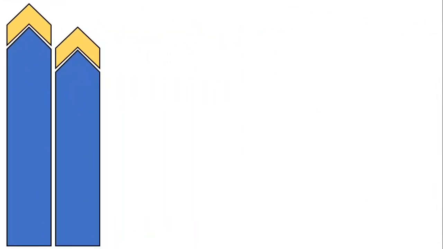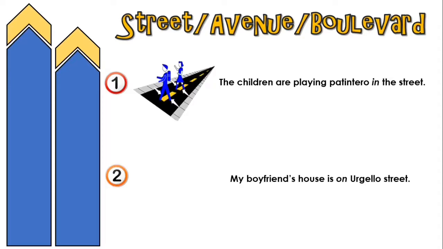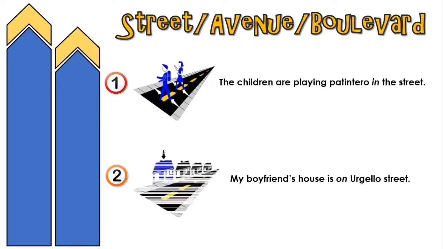We can also use the preposition in and on for street, avenue, and boulevard. First, the children are playing patintero in the street. Second, my boyfriend's house is on Orhelio Street. So for the first illustration, we are given the idea that the children are in the middle of the street.